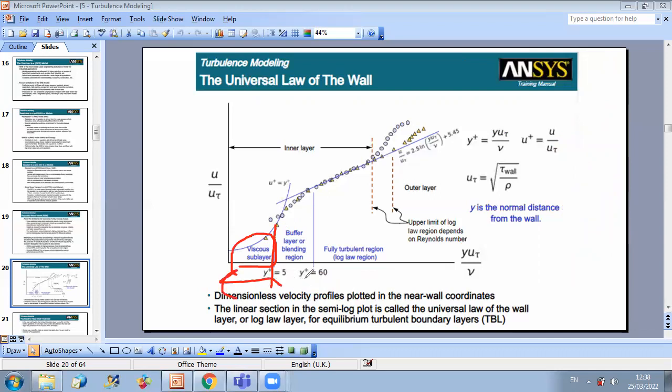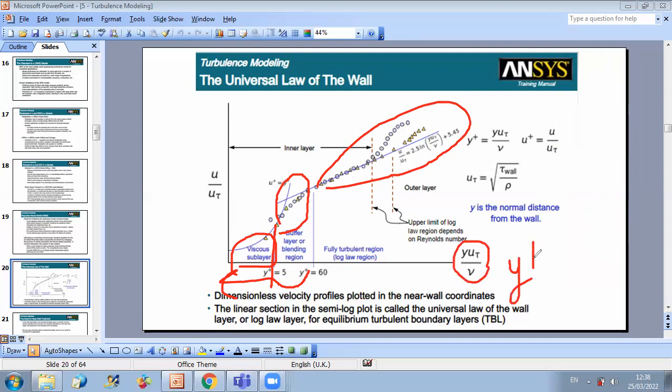Between 5 and 60, we have the transition zone, which has its own equation. And finally, in the fully turbulent region, we can come up with fitting techniques to relate the velocity variation with the distance from the wall. So the first parameter is y plus.